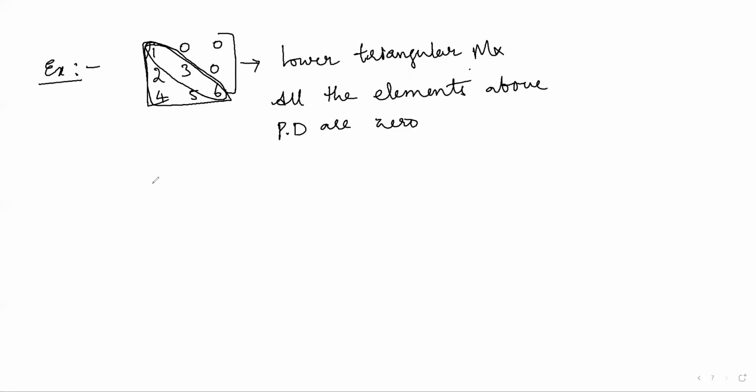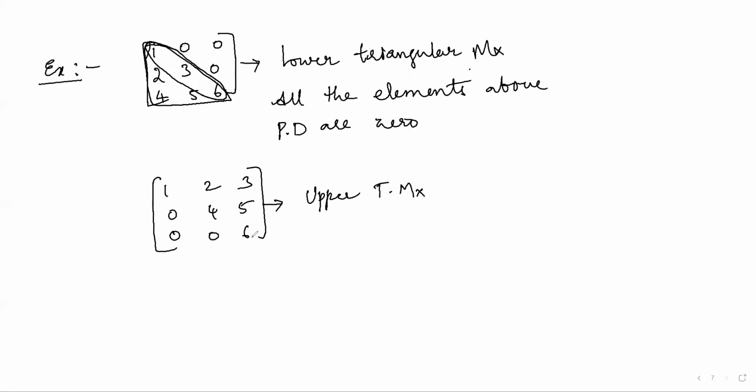Next, if I write 1, 2, 3; 0, 4, 5; 0, 0, 6, this is an upper triangular matrix. All the elements below the principal diagonal are zeros.